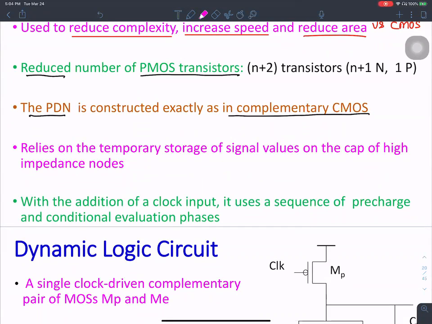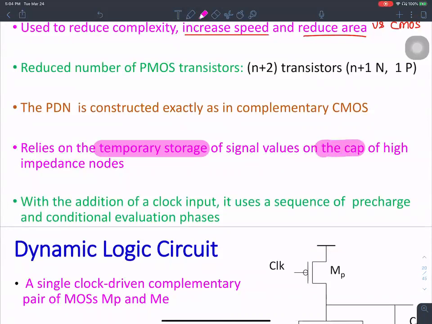The idea of dynamic logic fundamentally comes from a capacitance, a temporary storage using a capacitance, and then a clock. All of these together contribute to dynamic.